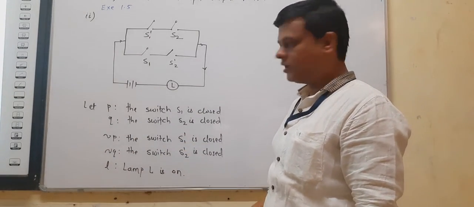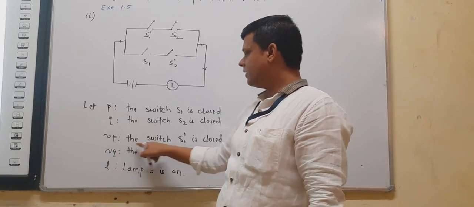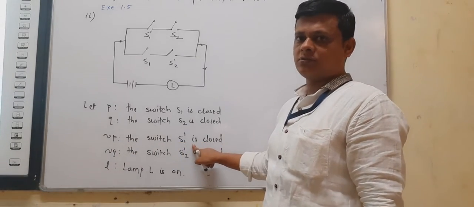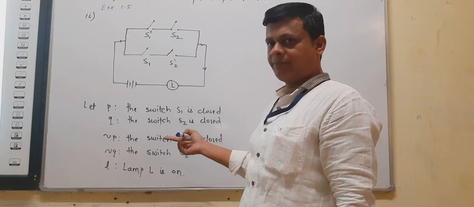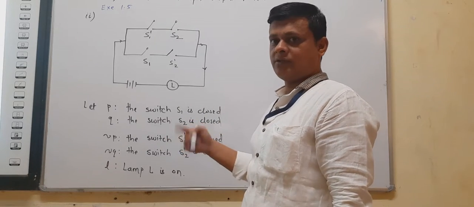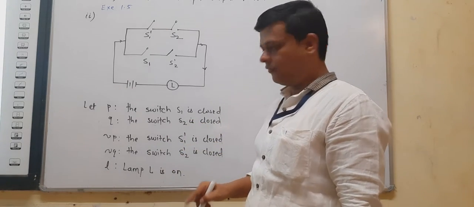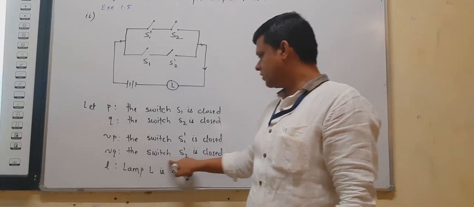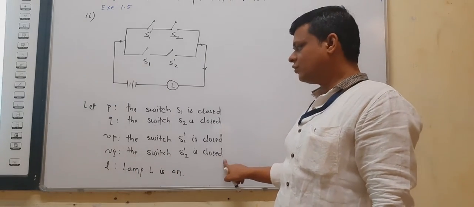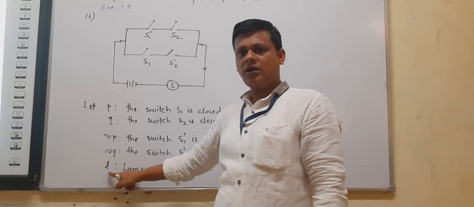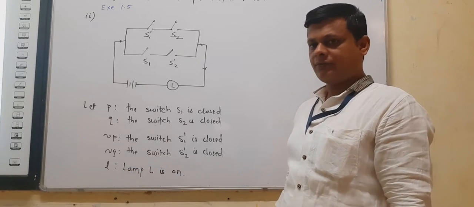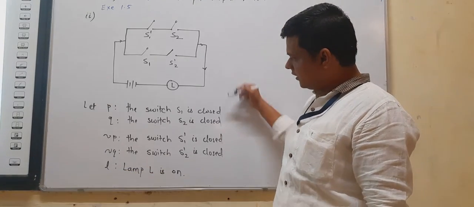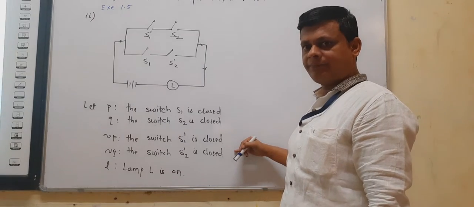We have to take the negation of P, that is, the switch S1 dash is closed, its complement. If the switch is on, its complement is the switch is off. Negation of Q, the switch S2 dash is closed, and L stands for lamp L is on. We have to write this in every problem.